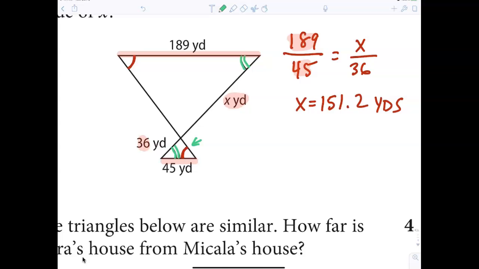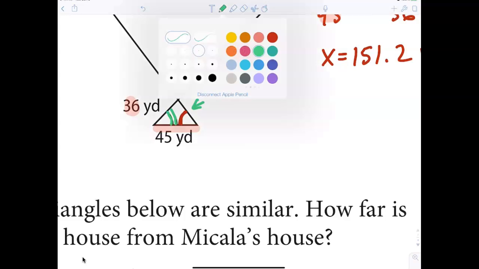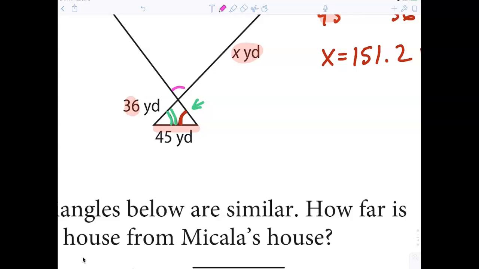These two angles down here, this angle right here, I'm going to give 3 tick marks. We say it's vertical to this angle here, which I'm also giving 3 tick marks. Because it's kind of hard, I'll just fill it in. Those two angles I know are congruent. And you learned something last year.